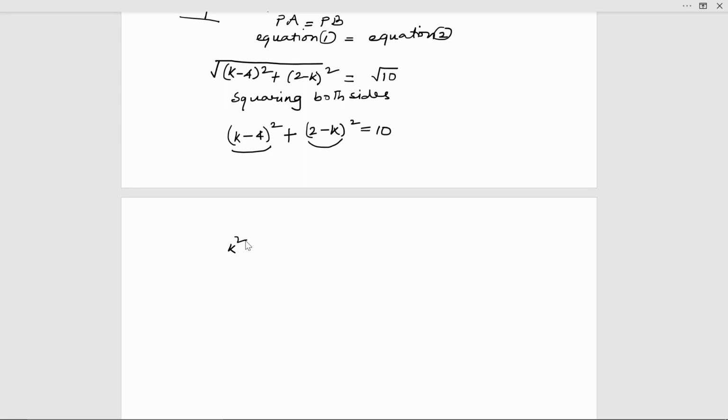So this will be k square minus 2 into k into 4 plus 4 square, plus 2 square minus 2 into 2 into k plus k square equal to 10.